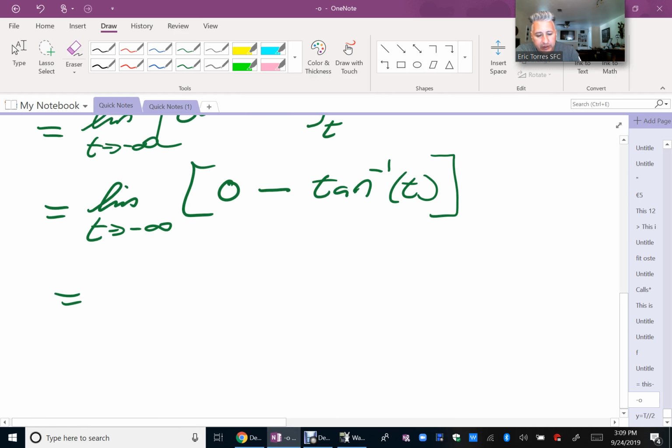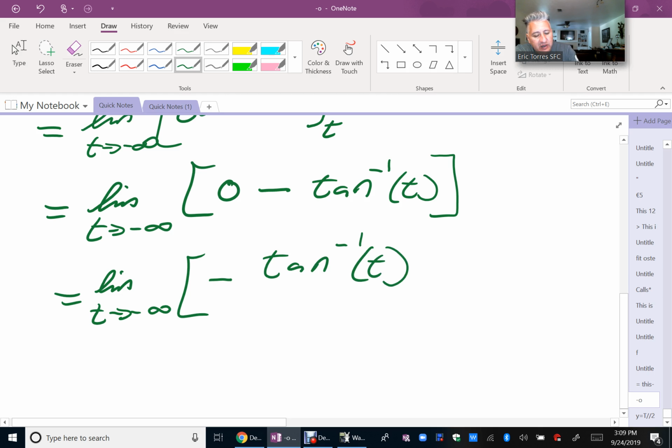So now what I want to do is take the limit as t goes to negative infinity of negative arctangent. Let's talk about this. Negative infinity means I'm going to the left. Let's take a look at that graph.